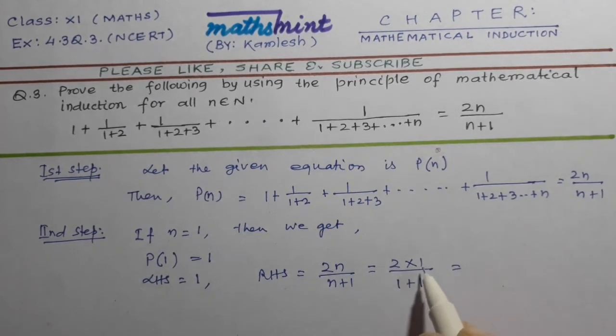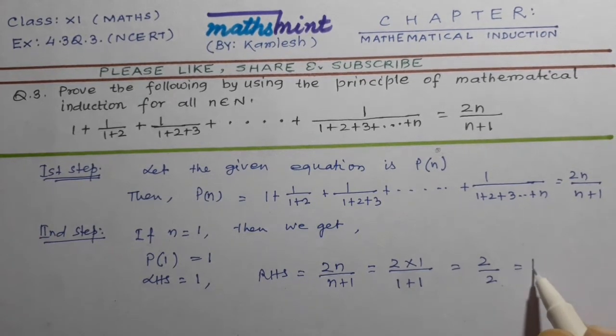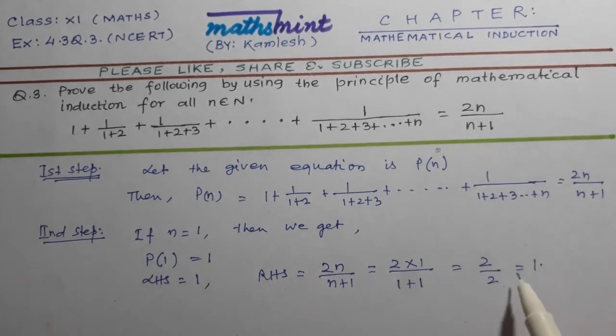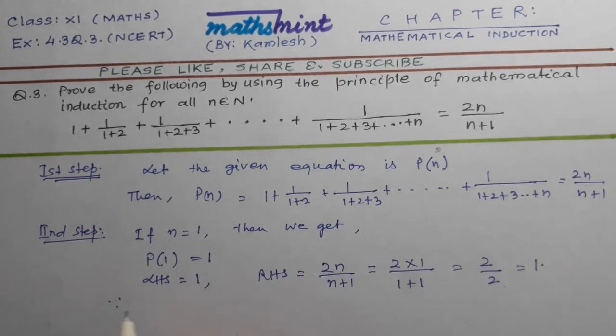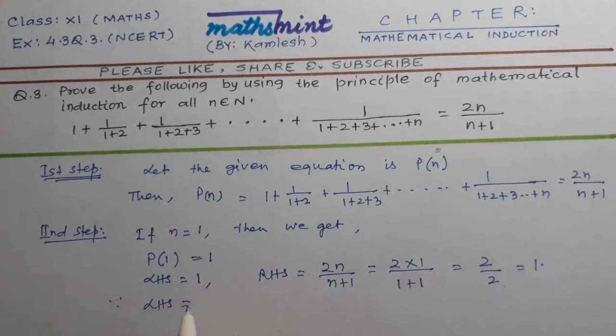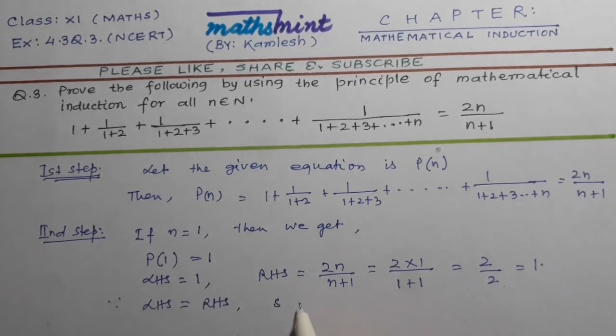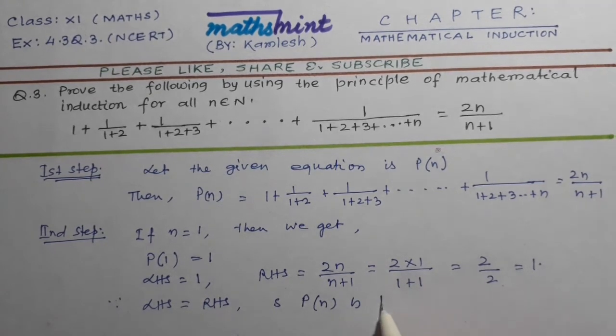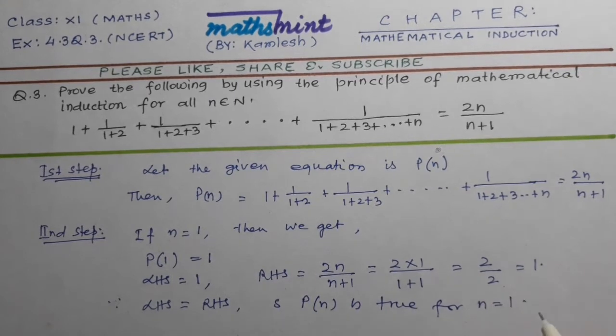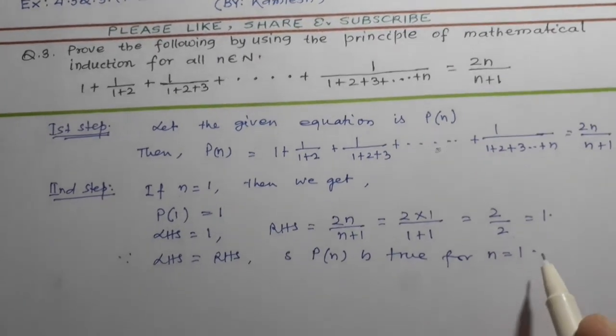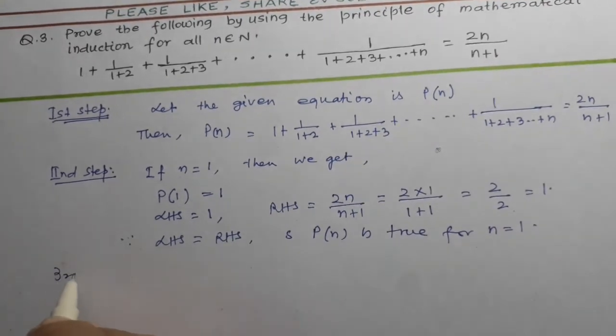So it will be 2 into 1, that is 2. 1 plus 1 will be 2, and it will be 1. So LHS is also 1, RHS is also 1. We are writing here, since LHS equal to RHS, so P(n) is true for n equal to 1. This is second step.